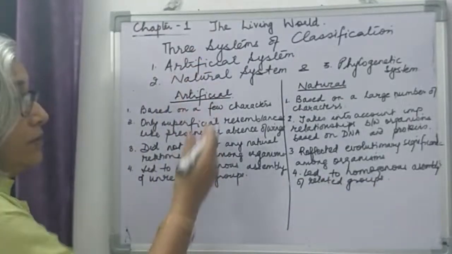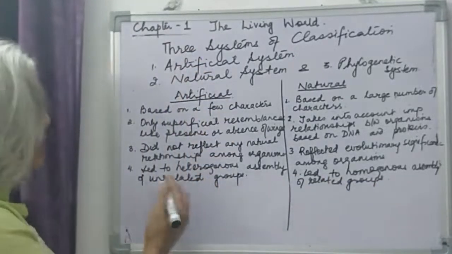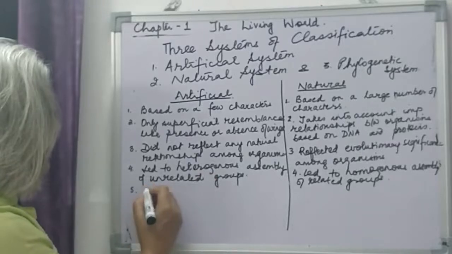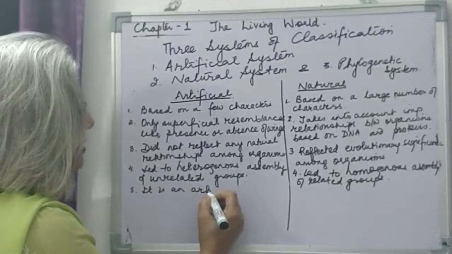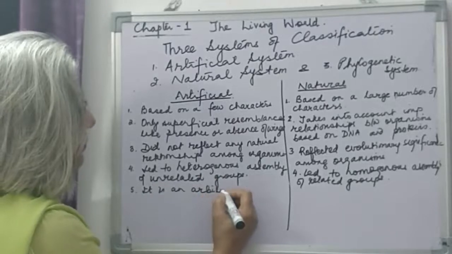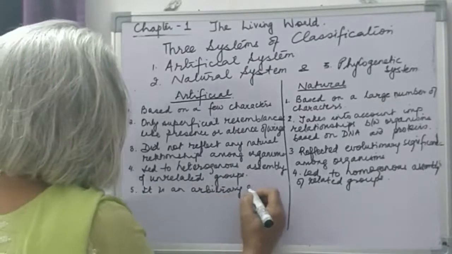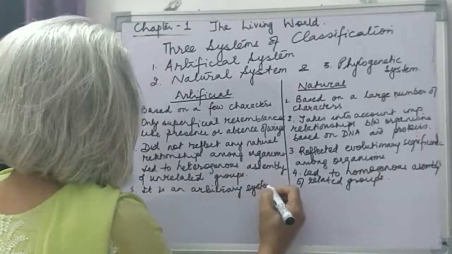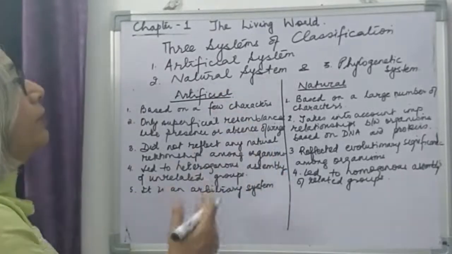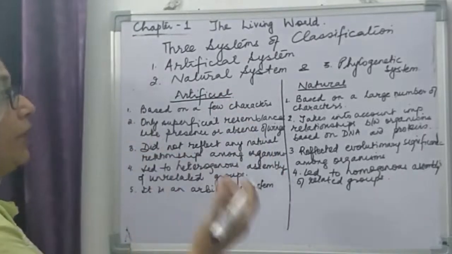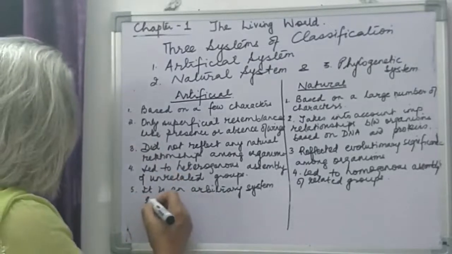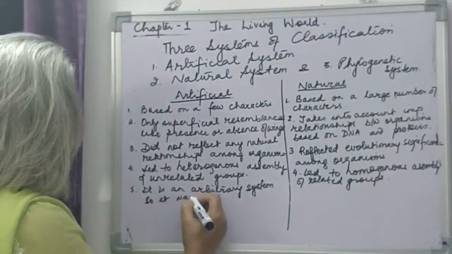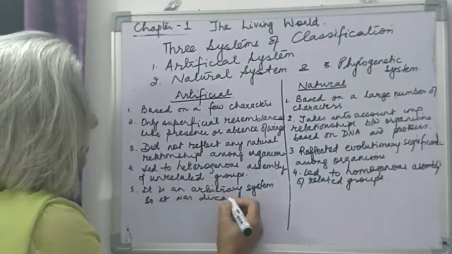Now, keeping these characters in mind, you can see this is a very arbitrary system. So, it is an arbitrary system, and because of this, there was no proper way of categorizing organisms into groups, so it was discarded. It was not accepted.